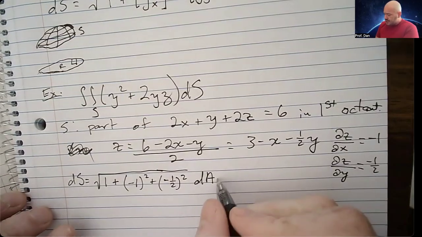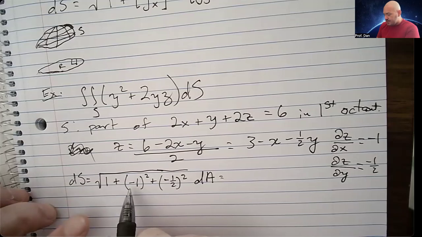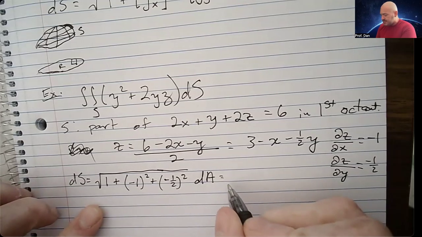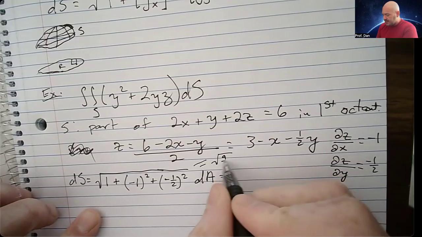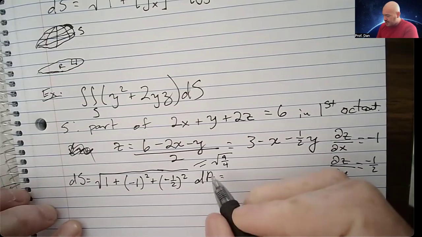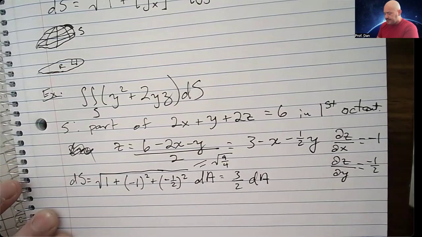So if I simplify, this is 1 plus 1, that's 2, plus 1/4 gives me the square root of 9/4. If I take the square root of that, I get 3/2 dA.